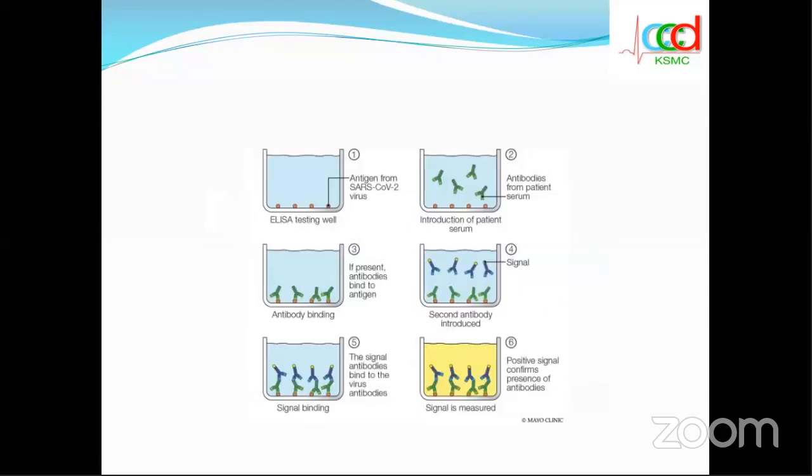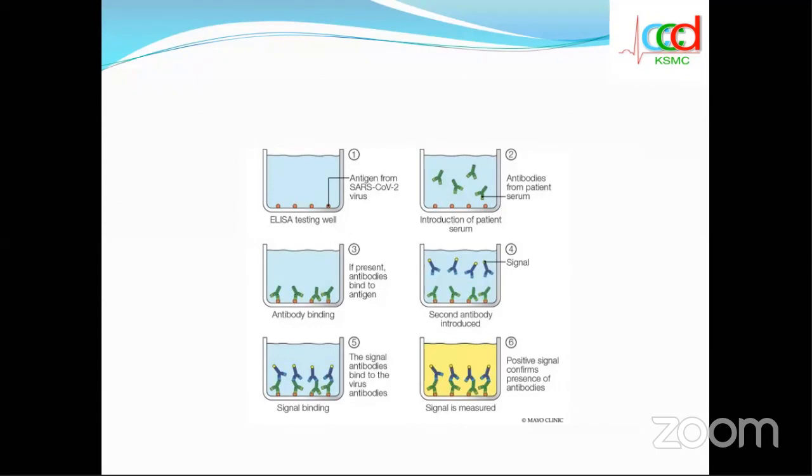The components of this virus, known as antigens, are placed in the testing well. As you can see, this is number one. The antibodies from the patient serum will bind with antigen if present. If there is antigen, the virus is present, and there is a signal antibody. This is the second antibody introduced.